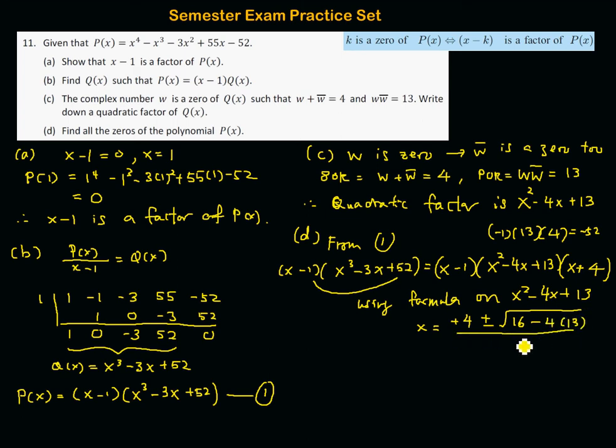If you calculate this carefully, you'll find that this is 2 plus or minus 3i, and therefore the zeros are 1 from part A, and -4 from this factorized form, and this. Isn't it cool? Okay, I hope you do the other questions, and all the best.